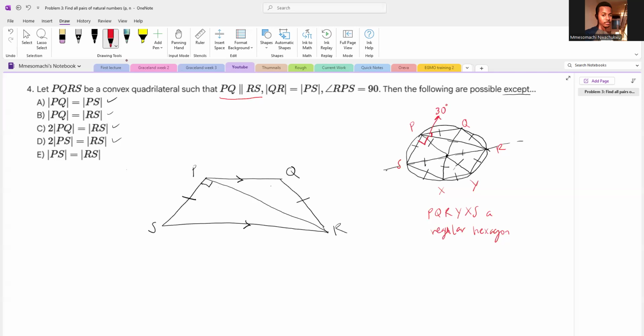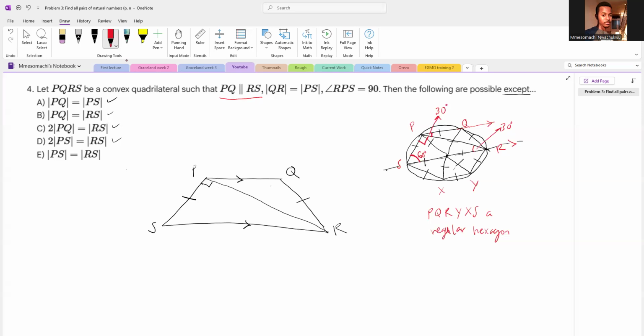And then we can also quickly get that this angle here, remember I said these are equilateral triangles, so this angle here is 60 degrees. And then we have a right angle triangle here, so this angle here is also going to be 30 degrees. So this shows that these two lines are parallel.